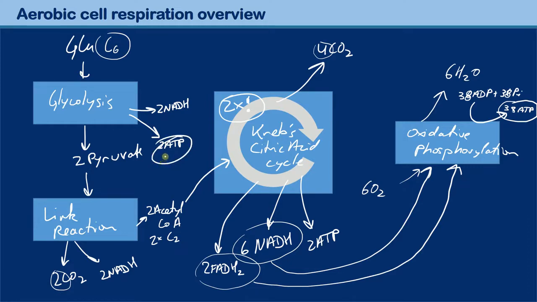Okay, so wow, you know what? How many do we now make? 36 or 38? I'm confused. I don't know what the correct answer is. You know what? Neither do the scientists. Okay, so how many is it now?